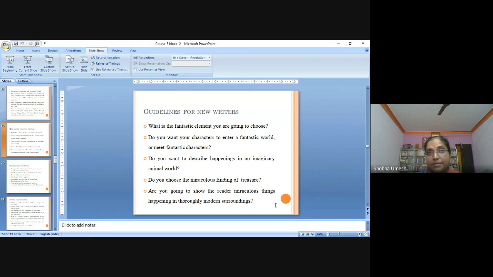Next comes the choice of characters. When you're writing for young minds, there should not be many characters, so that they don't get confused, because we are not trying to confuse the child. We are trying to make them recall the characters. So, do you want your characters to enter a fantastic world or meet fantastic characters?